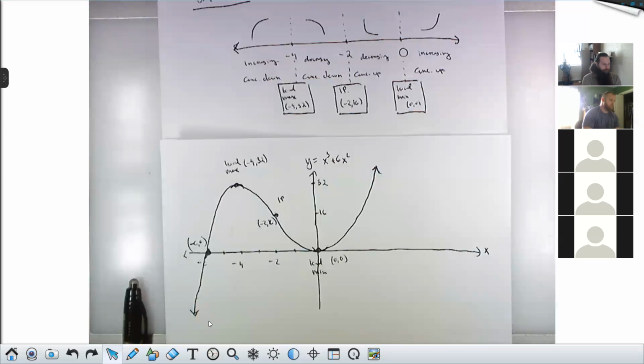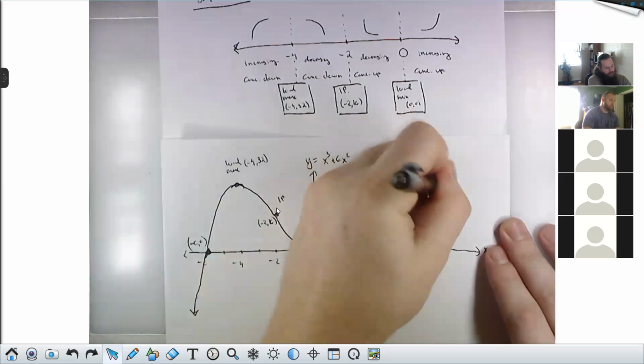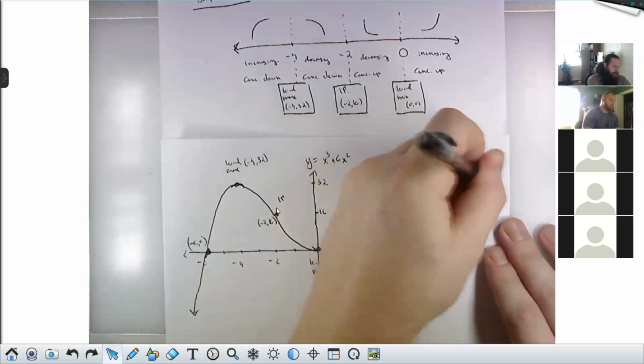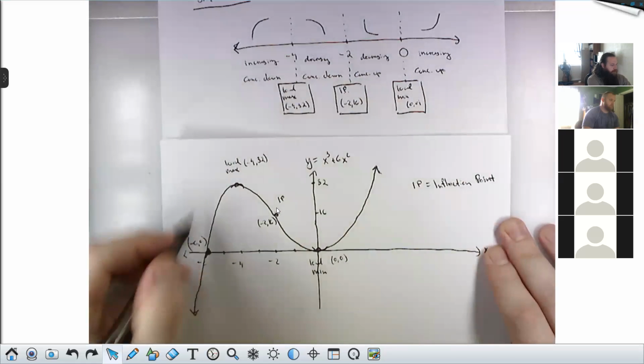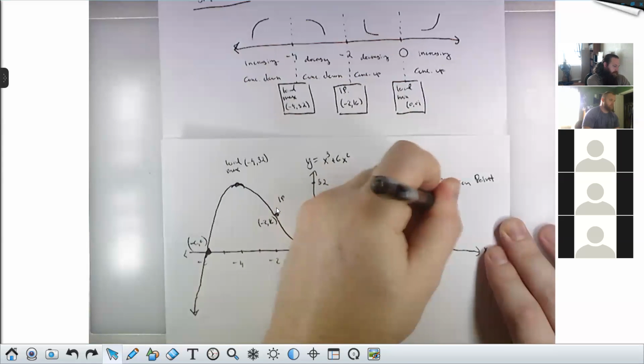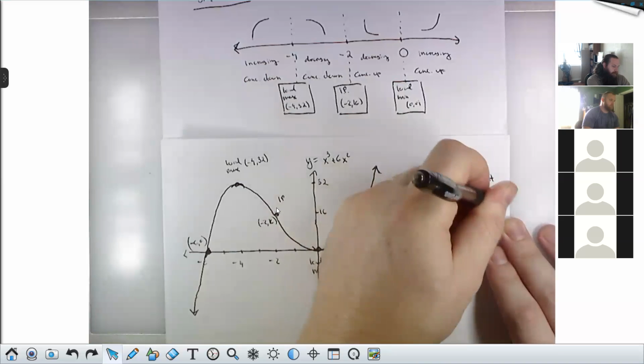What did IP mean again? Inflection point. So that's a place where concavity changes. Here we went from concave down to concave up.